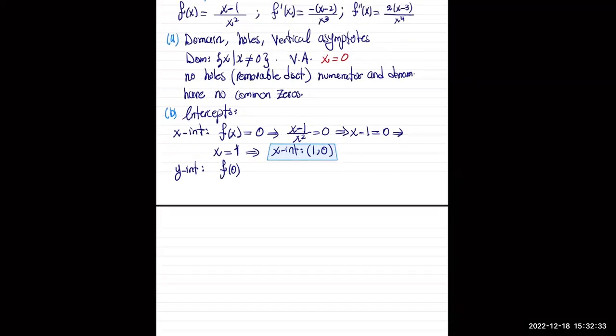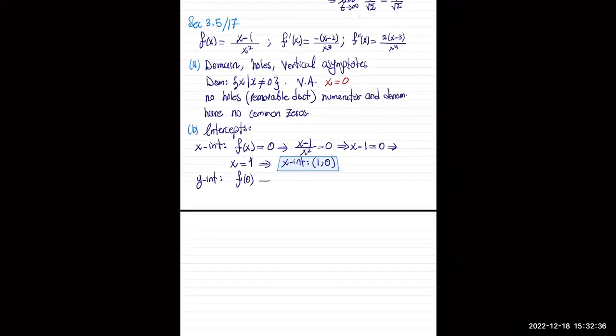So f of 0, again, can't be done because the domain excludes 0. Plugging 0 here makes the function undefined. So this thing does not exist. No y-intercept.